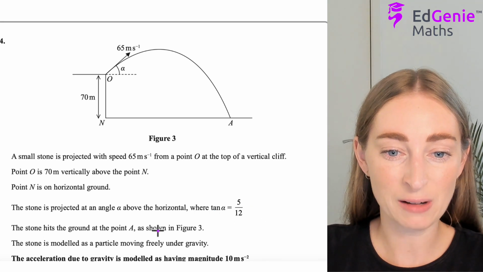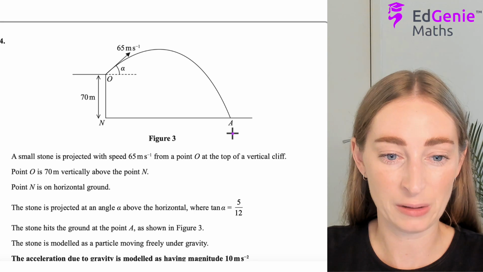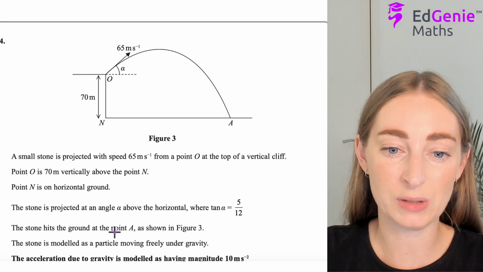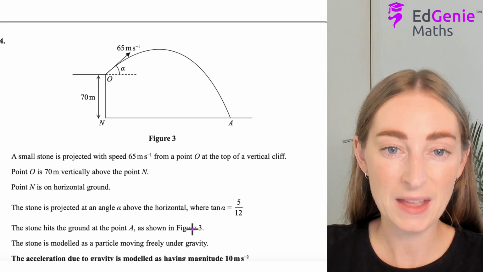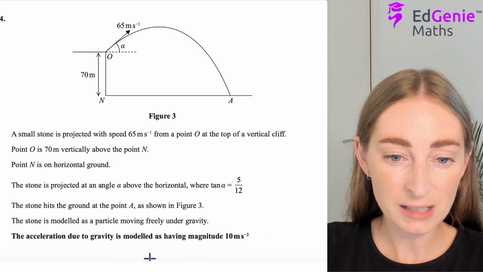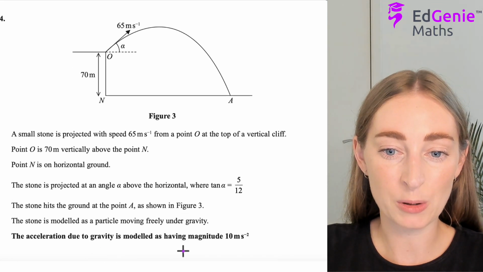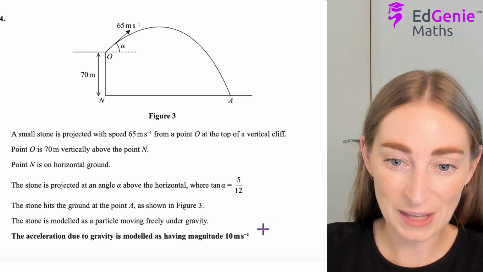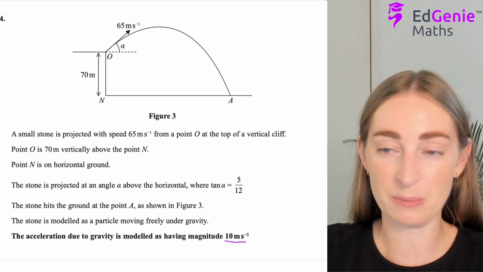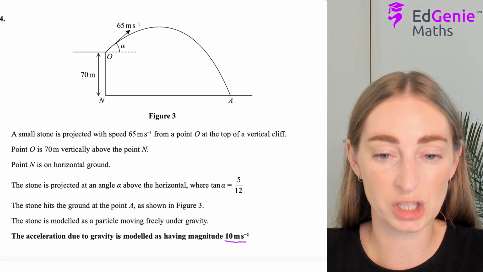The stone hits the ground at point A as shown on figure 3. The stone is modelled as a particle moving freely under gravity. And it says acceleration due to gravity is modelled as having a magnitude of 10. So that's really important because that's going to affect the whole question.